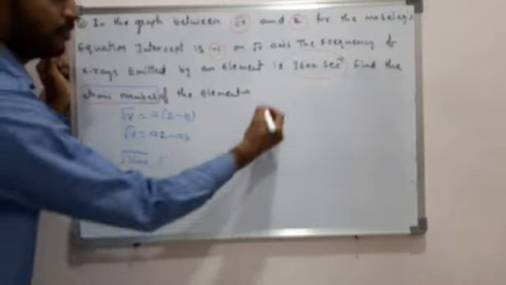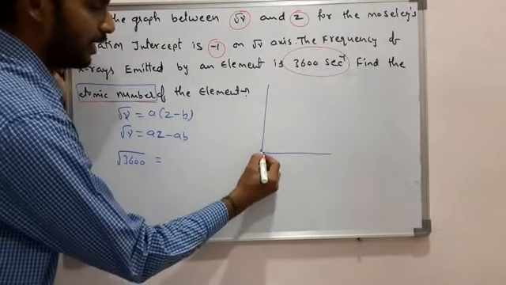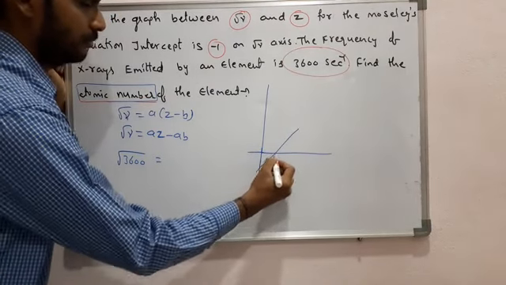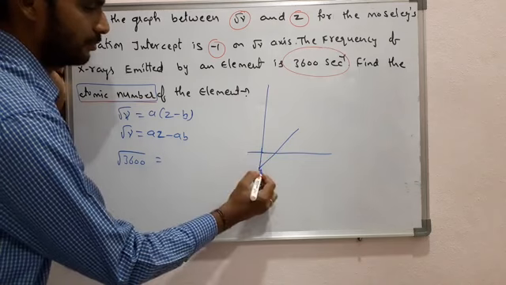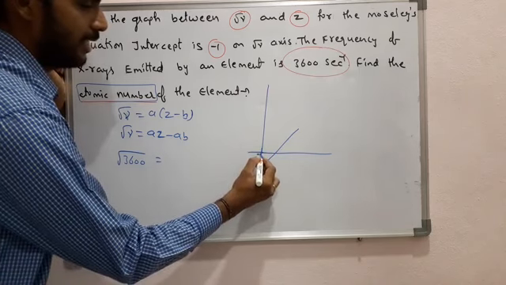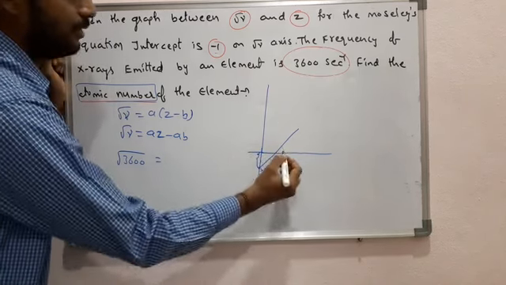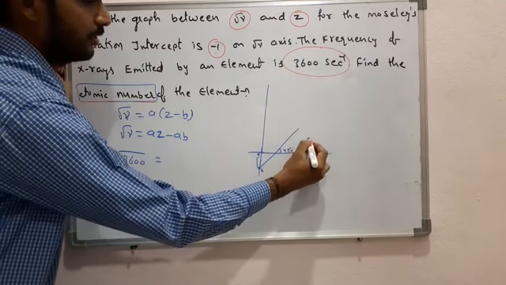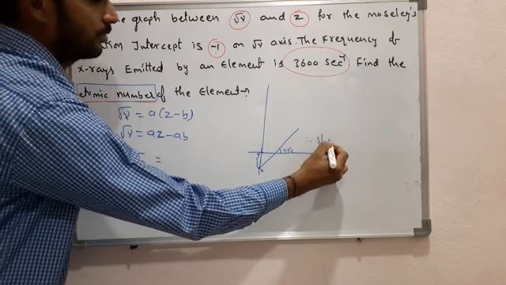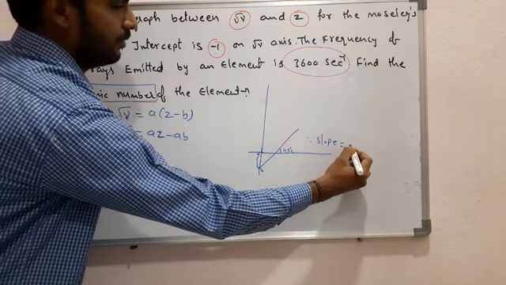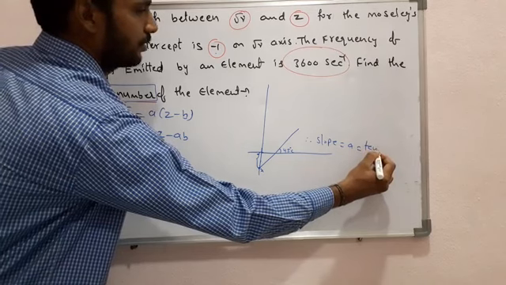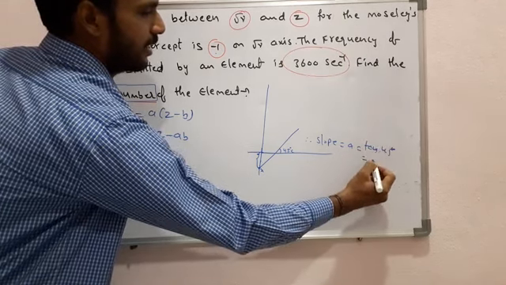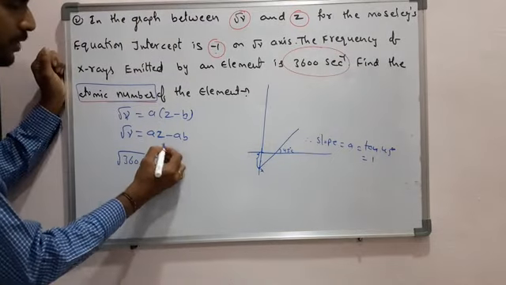A is always equal to tan 45. The intercept is given as -1. Here the angle is always 45 degrees. Therefore the slope A is equal to tan 45 degrees, equal to 1. So 1 into Z.